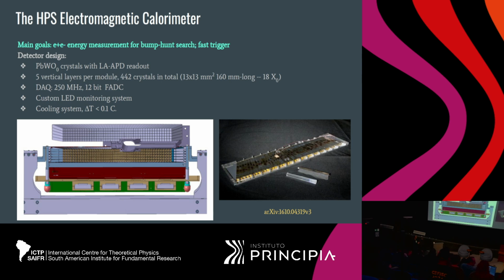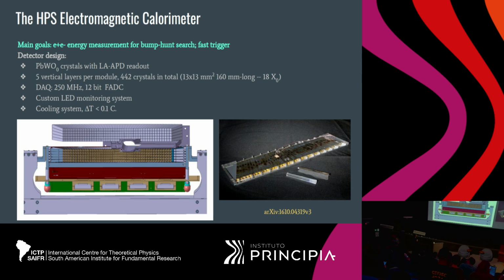So you have basically different energy particles bent all throughout this hole here. So you cannot just put crystals there, otherwise the radiation damage would kill them. It has 442 crystals in total, with a dimension of about 1 centimeter by 1 centimeter, and 16 centimeters long.